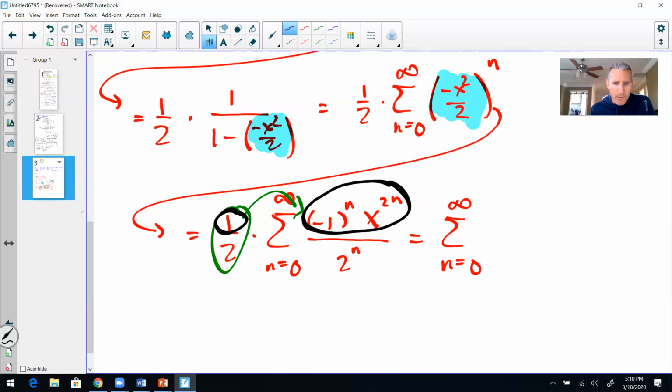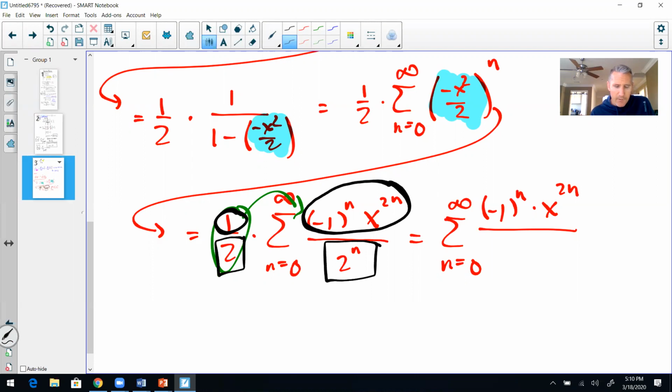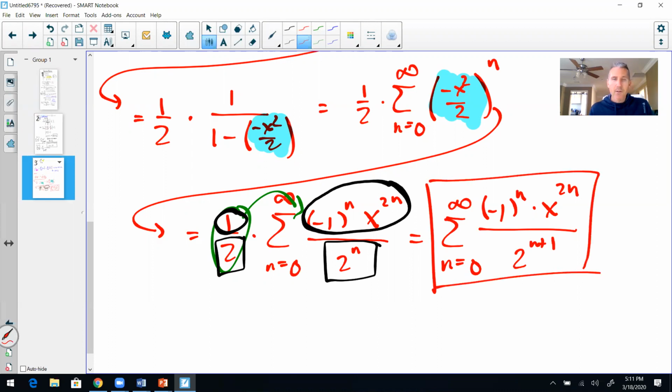Well, that's just by 1, meaning I'm not changing the numerator. So that's just negative 1 to the n times x to the 2n divided by, and now I'm multiplying this whole denominator here by this whole denominator there. Well, what's 2 times 2 to the n? 2 to the n plus 1. And this is the way I would write it.